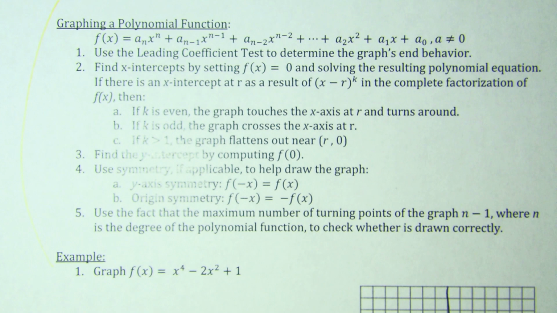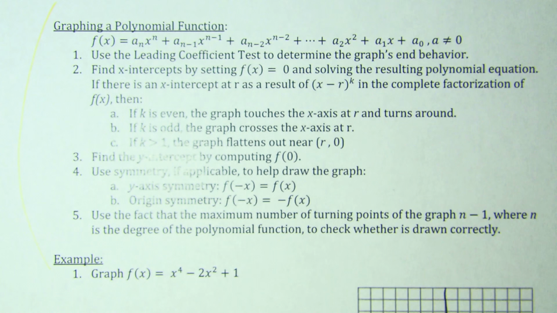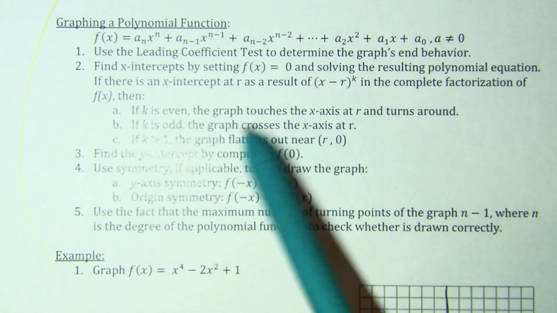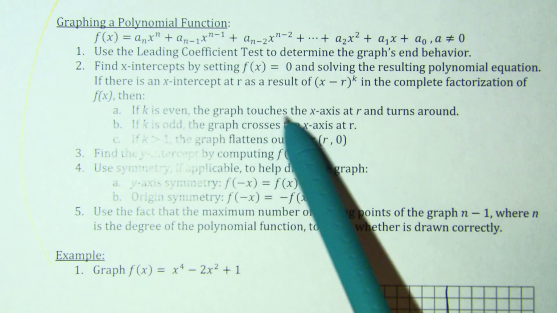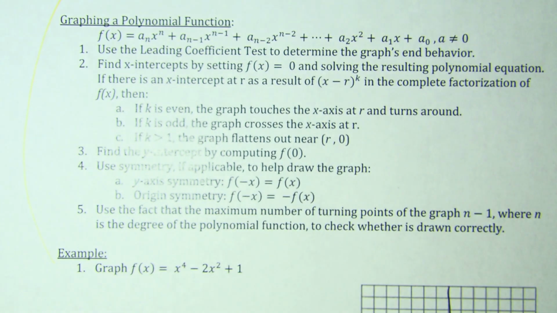So first, we could use the leading coefficient test to determine the end behavior, seeing what's happening at the very end of the graph. The next thing we could do is find x-intercepts or y-intercepts to give us some points for the graph. We can also determine the roots and use the multiplicity of the roots to determine if at a root it touches the x-axis and turns around, or if it crosses the x-axis at that value.